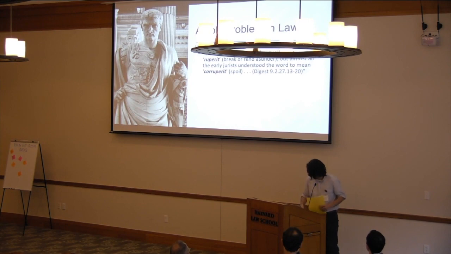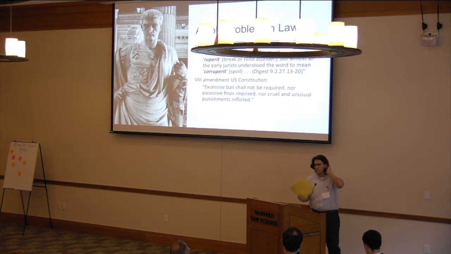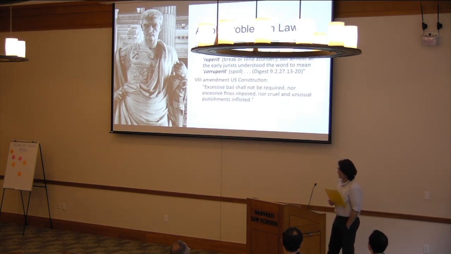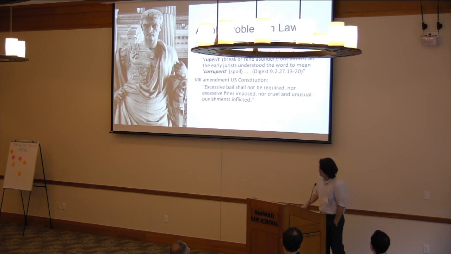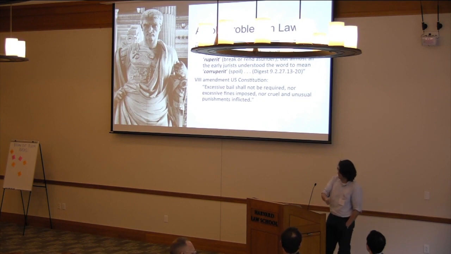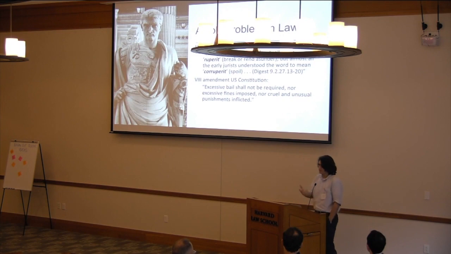U.S. Constitution, right? I'm not a constitutional lawyer, so I'm sure a lot of you probably know this. The Eighth Amendment prohibits the infliction of cruel and unusual punishment. Well, what does cruel and unusual punishment mean? Do we interpret it as it was interpreted back in the day, or do we interpret it as it is interpreted today? What does it mean for something to be cruel and unusual?